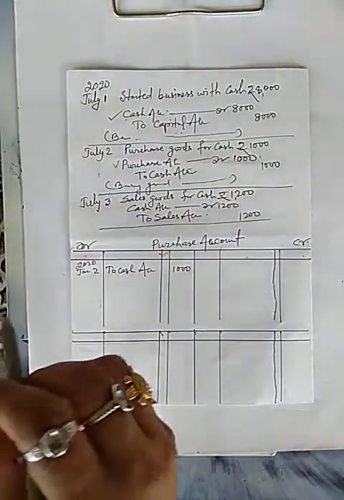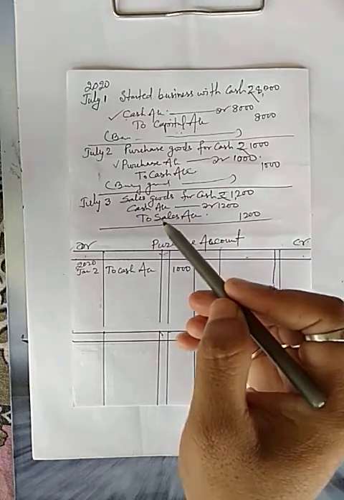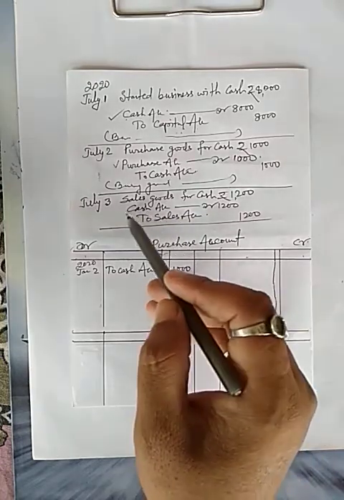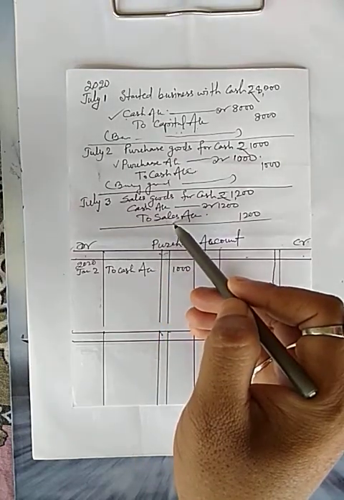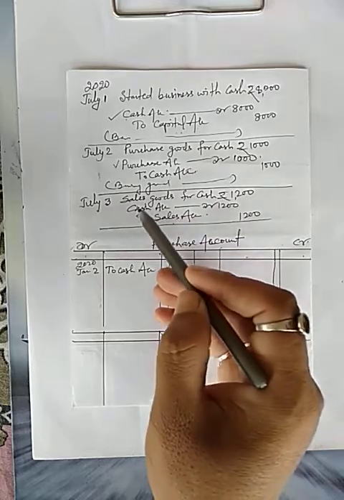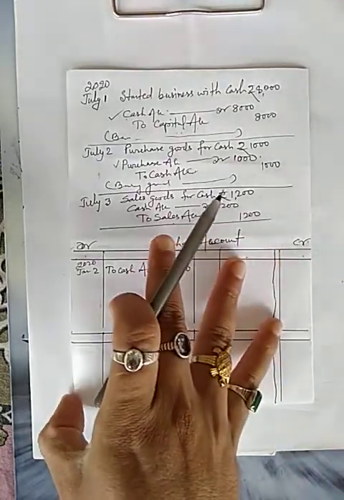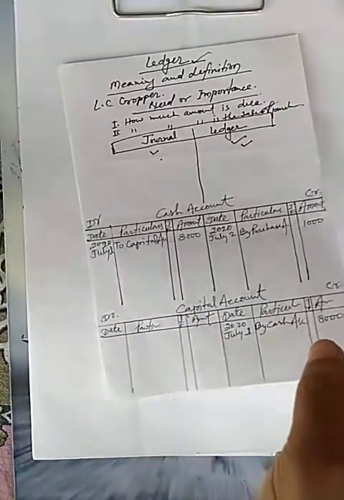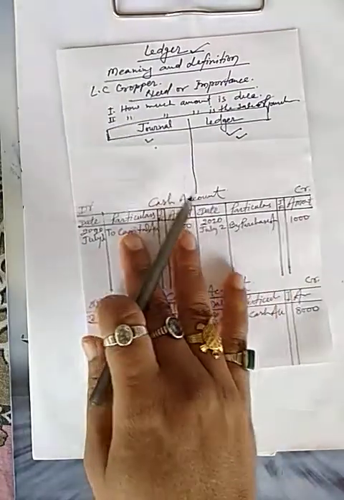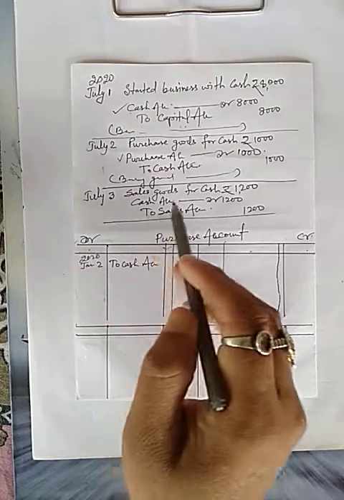Now I have to open cash account and sales account. I have already prepared cash account, so I will put in debit side of cash account according to the question.